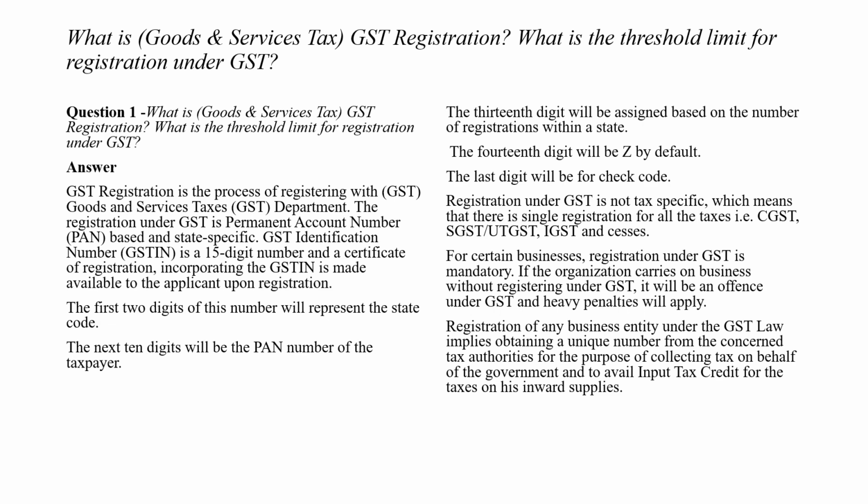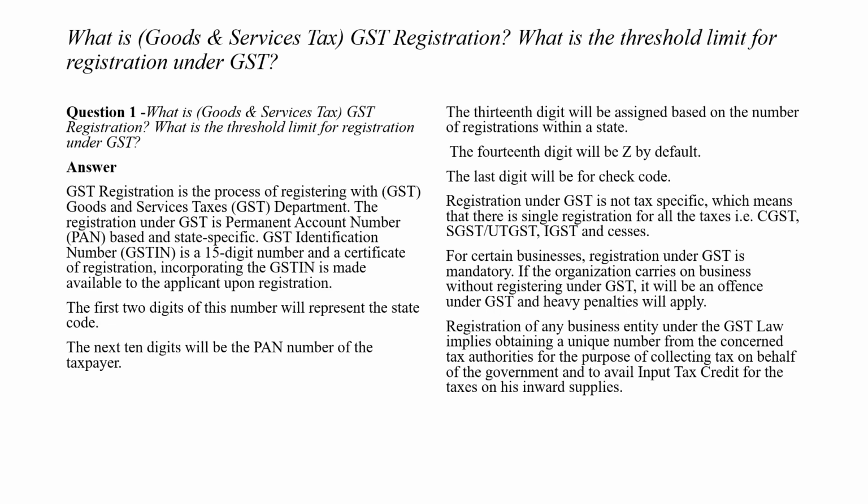GSTIN is a 15-digit number, and a certificate of registration incorporating the GSTIN is made available to the applicant upon registration. The first two digits of this number represent the state code.